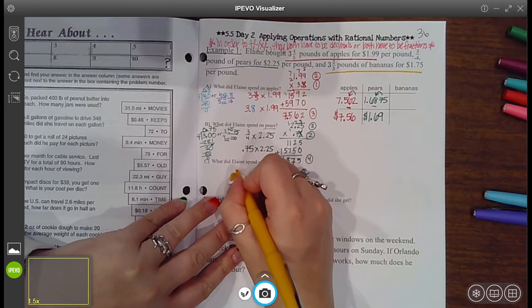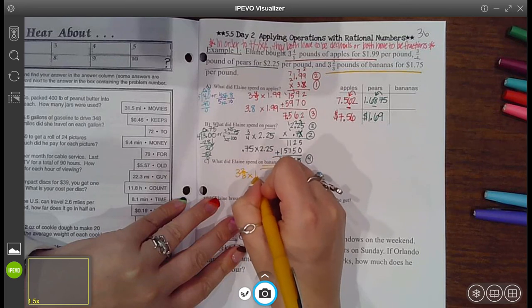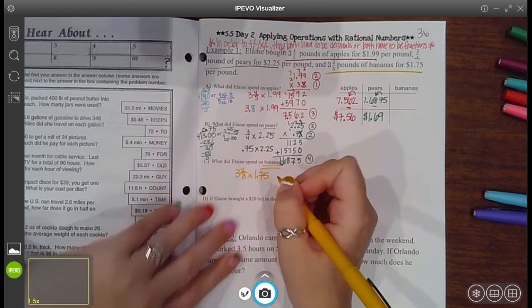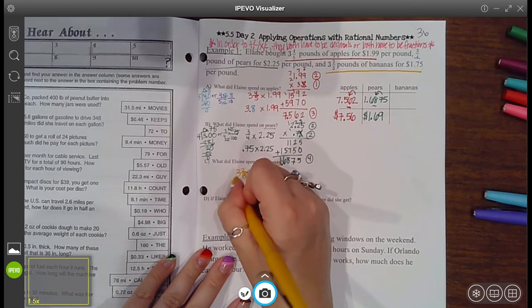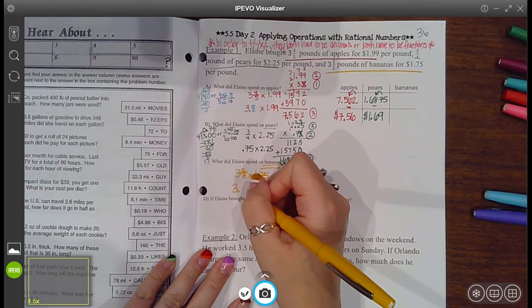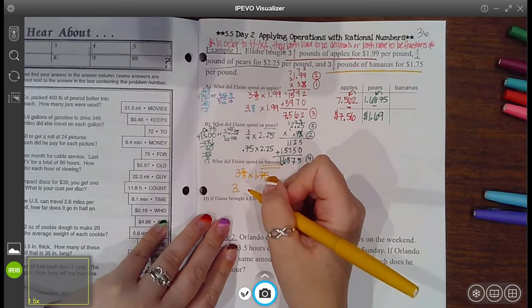Bananas was 3 2/3 pounds times $1.75 per pound. So I know that it's 3 point something because 3 is a whole number, and I just need to figure out what 2/3 is as a decimal.